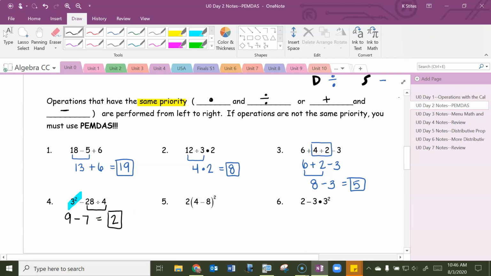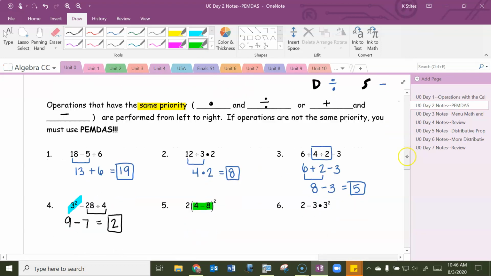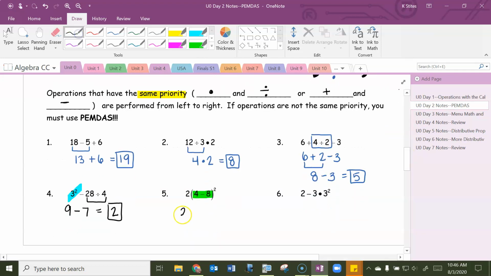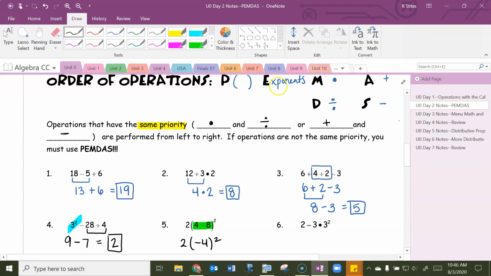Okay, number 5, lots going on here, but parentheses always comes first if you have them. So you are going to do this 4 minus 8 first. Oops, 4 minus 8 is negative 4, excuse me. Now people want to jump the line here. They want to multiply next, but next we're doing exponents.